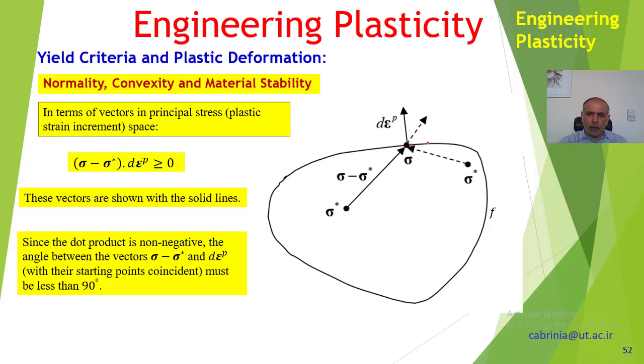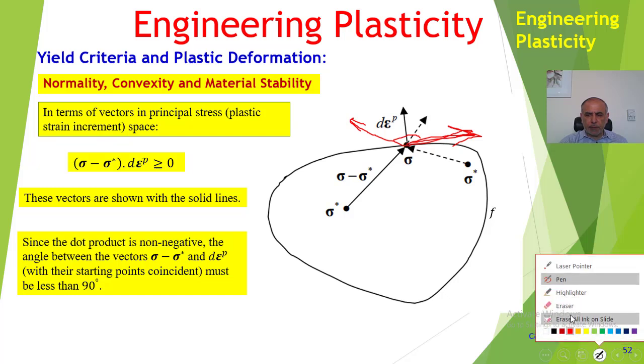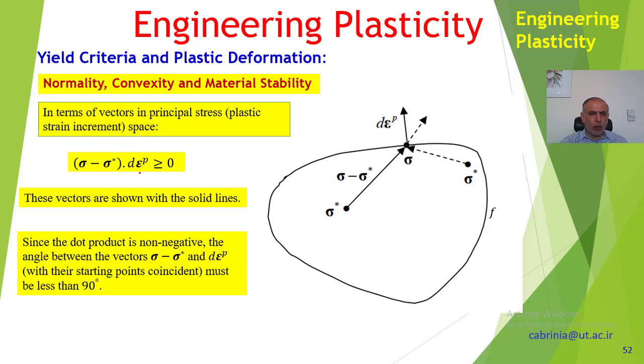Supposing we have something like that, that is the strain. If that is the strain, then for instance this vector, if we bring it over here, then the angle between these two is not acute, it's greater than 90 degrees, and therefore this won't hold.